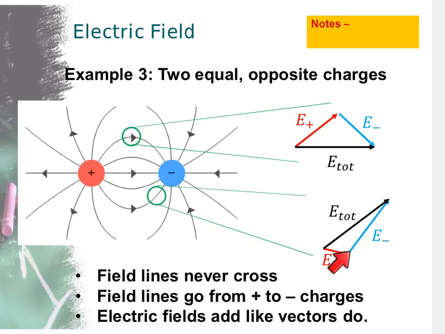However, the electric field of the negative charge is strong, so we would have a large magnitude pointing toward the negative charge. And so if we add up our two electric fields, we would get a total electric field that goes from the tail to the tip, and that is pointing in this direction. It's almost pointing in the same direction that the negative electric field would.